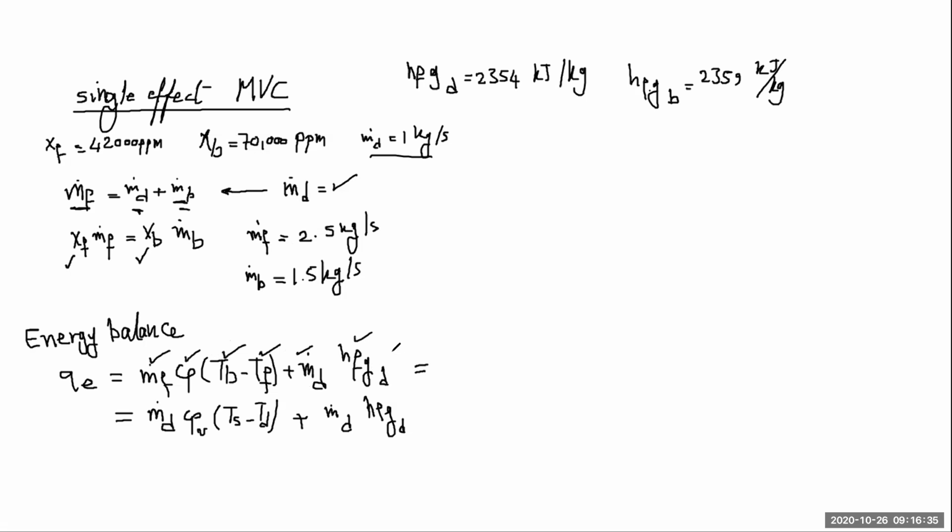When I get back to the equation, we'll find that the value of T feed was not given to us, which means that we are going to make use of that expression first. M dot distillate, we know it. T feed is not known, but M dot distillate is given to us. CP vapor is given to us. We know TS, we know TD, and m dot d and HFG.